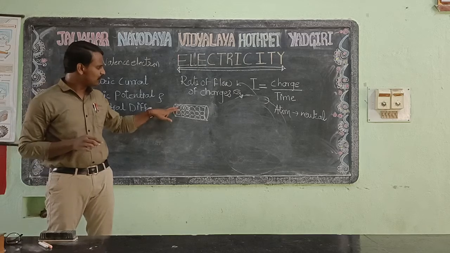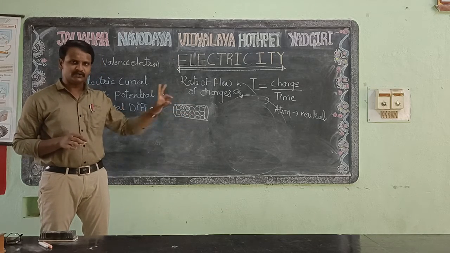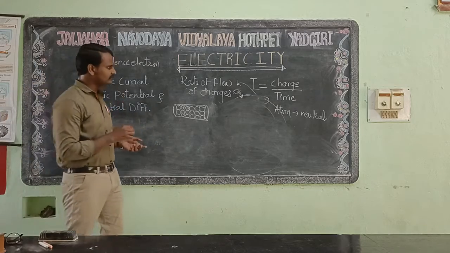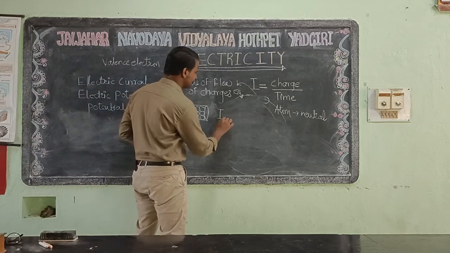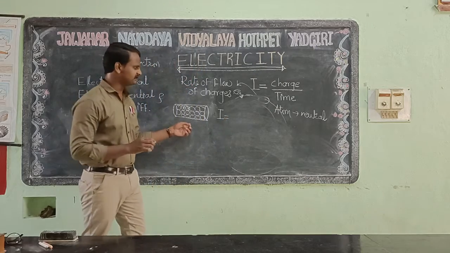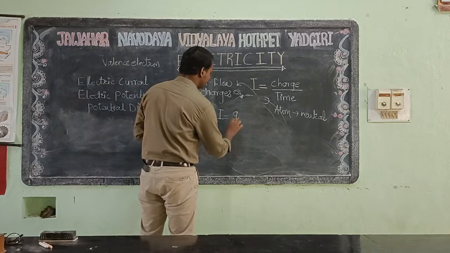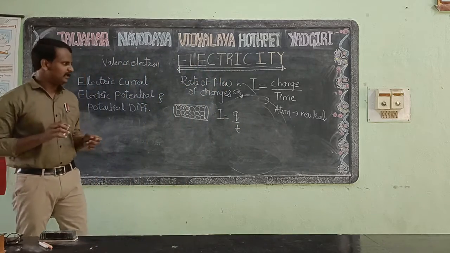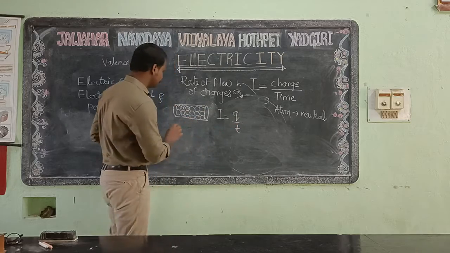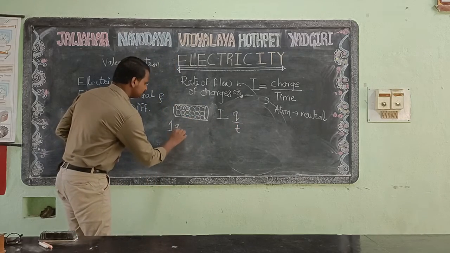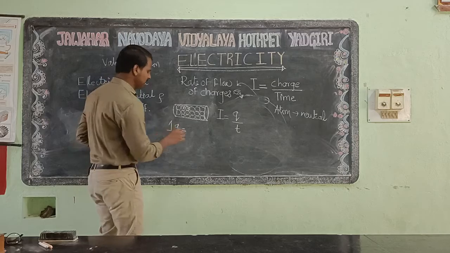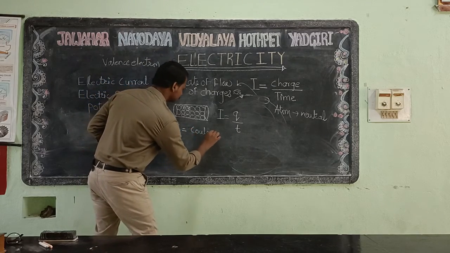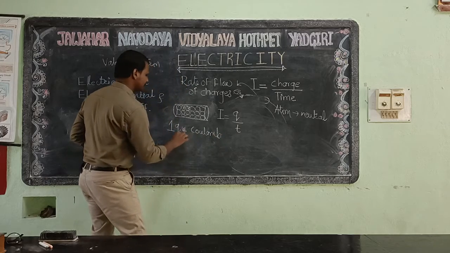So it is how many charges are flowing per unit time. In 1 second, how many charges are flowing. So we will write I is equal to Q by t, where Q is the charge and t is the time.